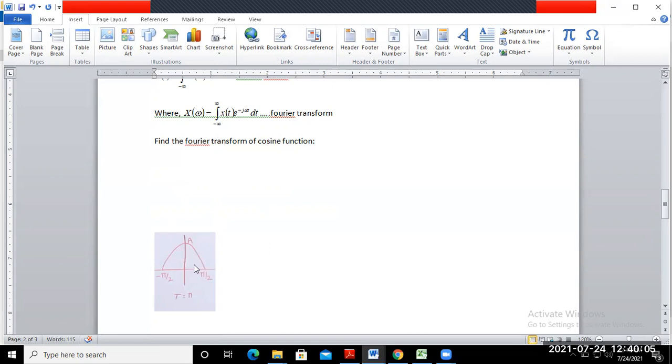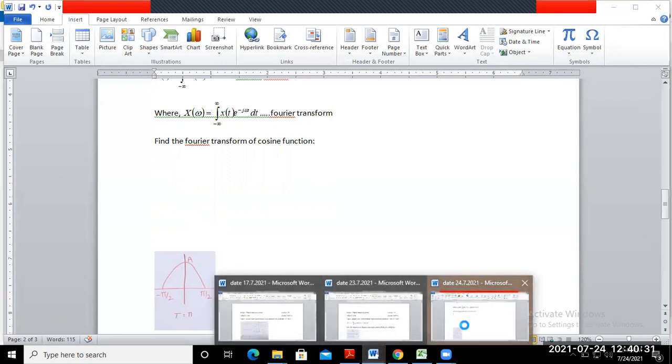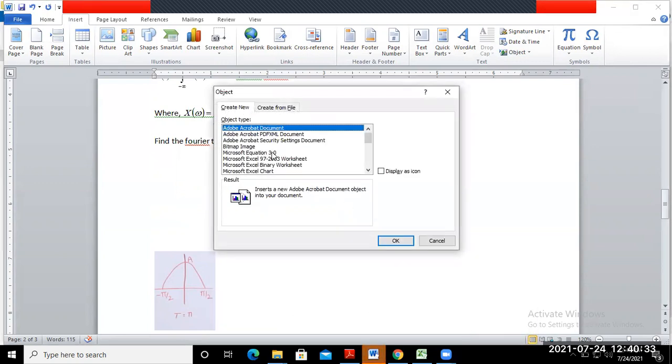For this half wave, your time period is how much? π. If you take the complete cycle of this cosine wave, the time period is 2π, is it not? So if we consider T/2 equal to π here, then T/2 equals π.